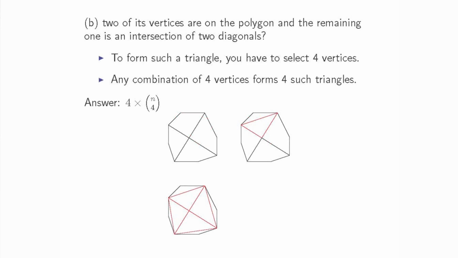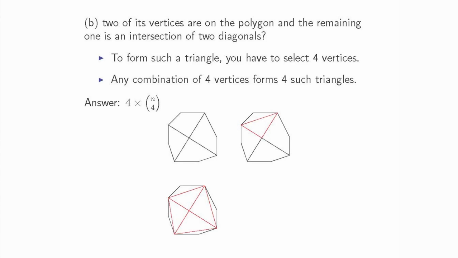And for the second case, 2 of its vertices are on the polygon, and the remaining one is an intersection of 2 diagonals. To form this kind of triangle, we have to choose 4 vertices from the polygon. For example, here we choose 4 vertices, and as you can see, this is one of the triangles we formed.